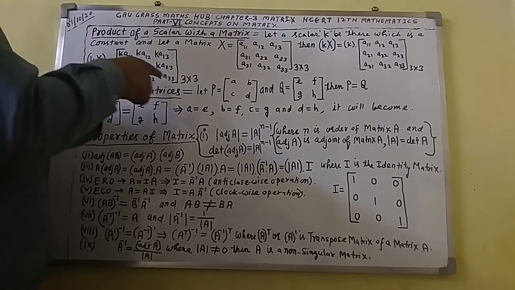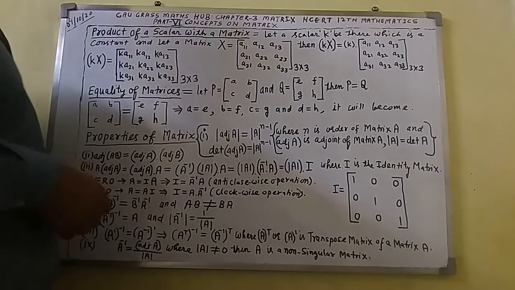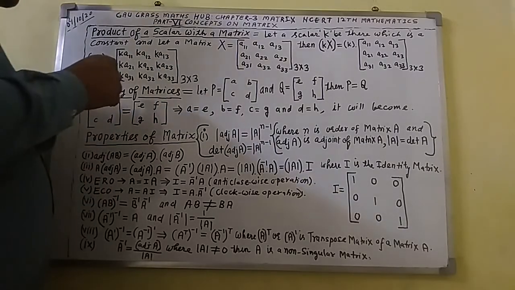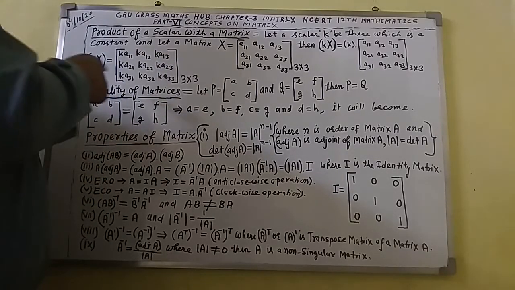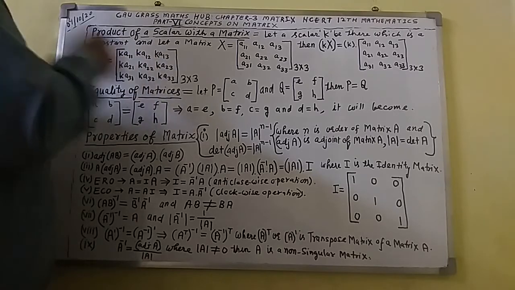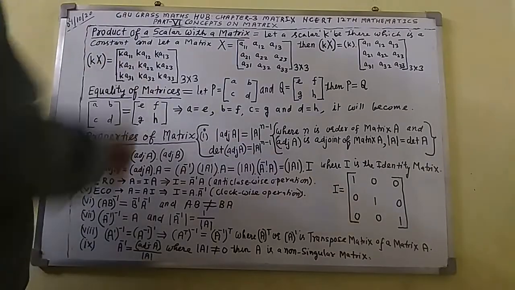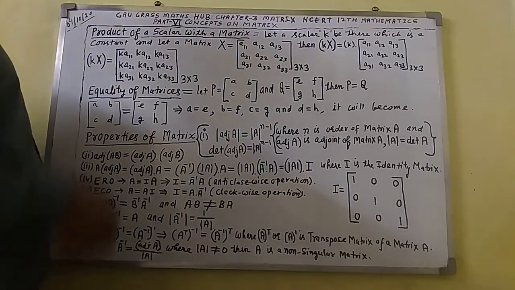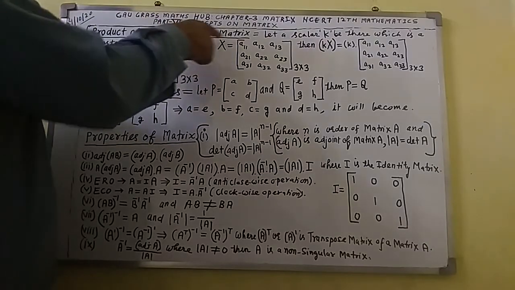X is a matrix of order 3 cross 3. Each element of matrix X is multiplied by k. This is the theorem on which the product of a scalar with a matrix is based.